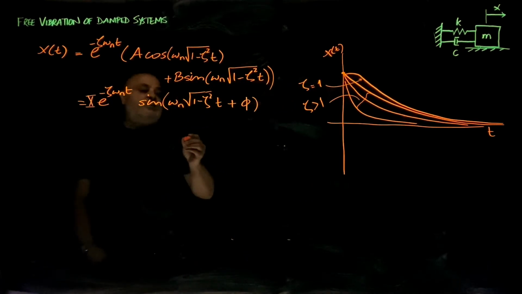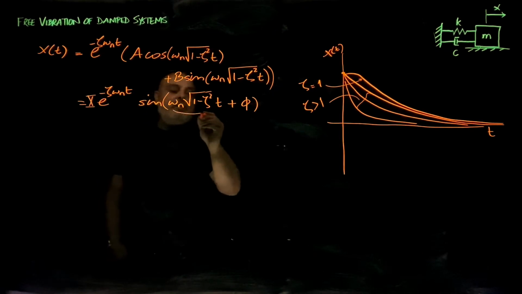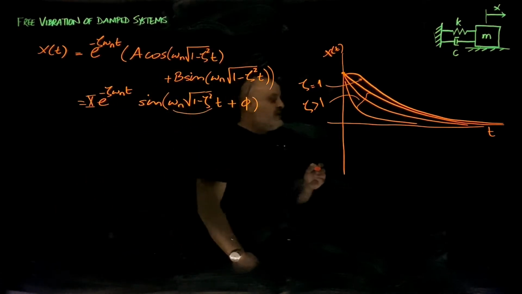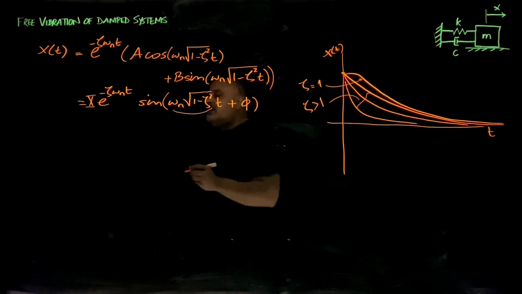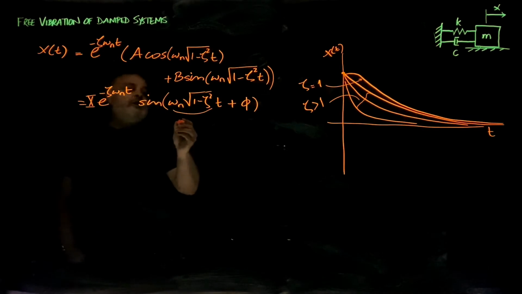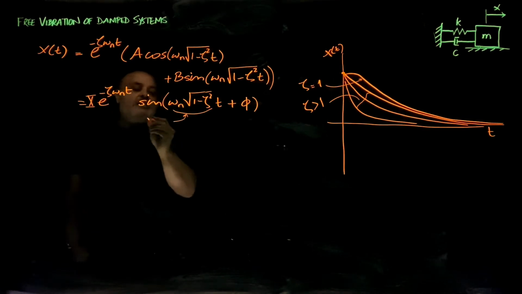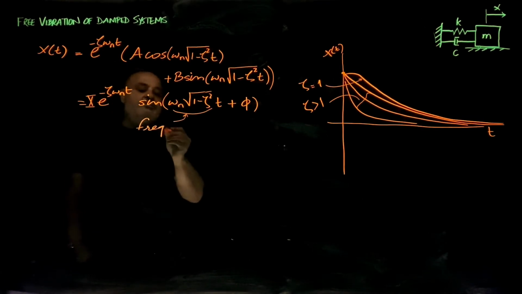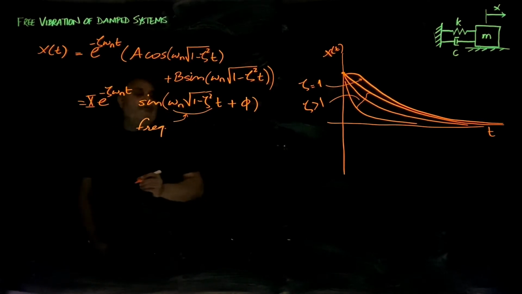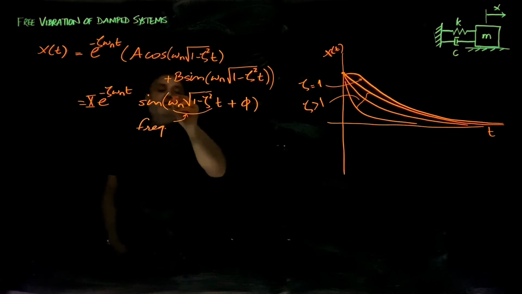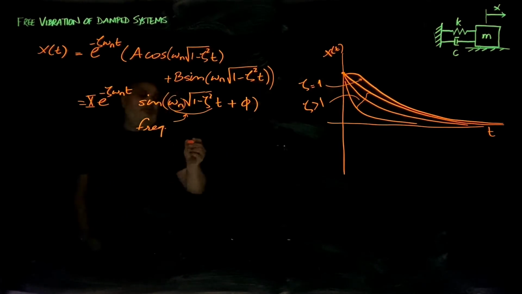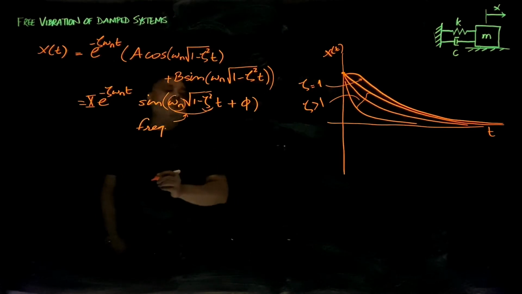So now the term multiplying t in the harmonic function sine, as we said when we discussed harmonic motion, will be the frequency of the response. So the frequency is slightly different in this case than the natural frequency because of the addition of the damping term.